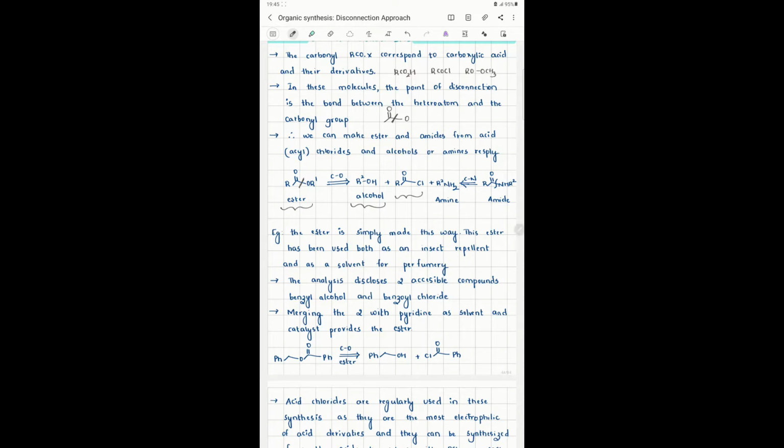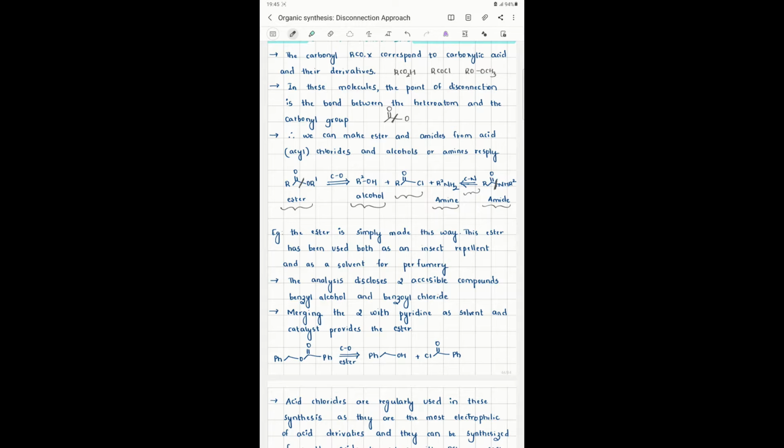In the same way, if there is the presence of an amide system, what is an amide system? RCONHR. Here again I am going to cleave this particular system between the carbonyl carbon and nitrogen. The cleavage is between C single bond N. Here the starting materials can be an amine and an acyl chloride or an alkyl chloride.